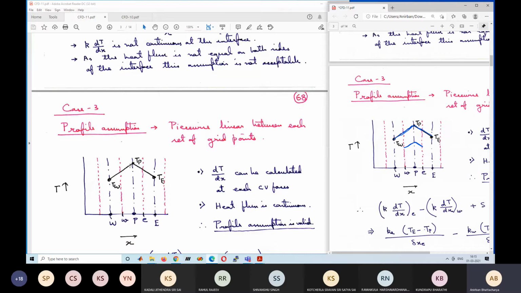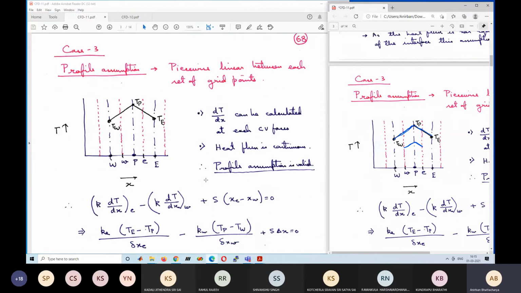So can we now calculate dT/dx at small e and small w? Yes, we can calculate, and it will be consistent. Whether we calculate for control volume P or for control volume E, it will remain the same. What will be the value? dT/dx at this small e point is equal to Te minus Tp by this distance.